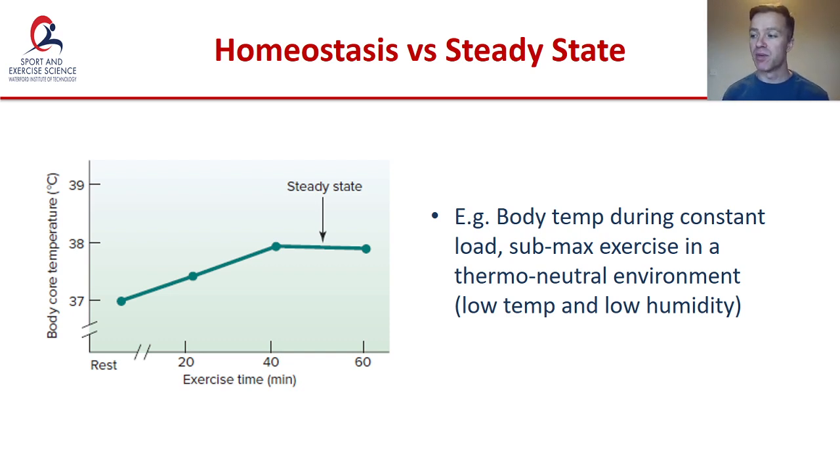However, because it's above the normal resting body temperature, it does not represent a true homeostatic condition. So, when we use the term homeostasis, it's generally reserved for describing normal resting conditions, and the term steady state is often applied to exercise when there's a physiological variable that is constant, but that may not equal the normal homeostatic resting variable.